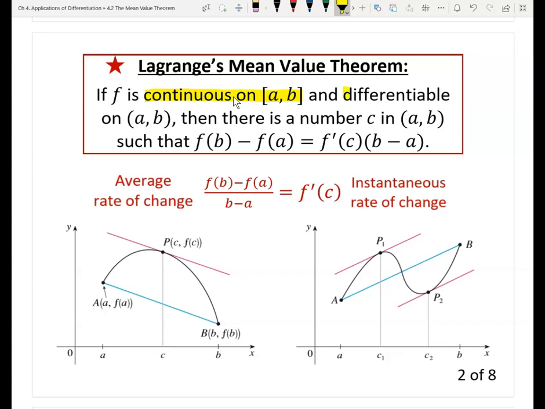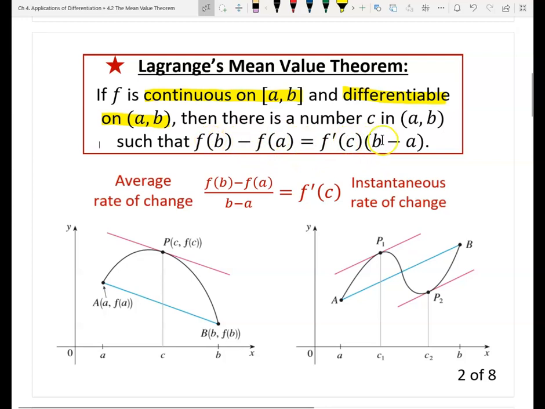The second is differentiable on the open interval (a, b), still the same. Can you see? We do not have the third condition, which means f(a) equals f(b), right? This time we do not have it. And then we have a number c between a and b, such that the difference of the values at a and b equals the derivative times b minus a.